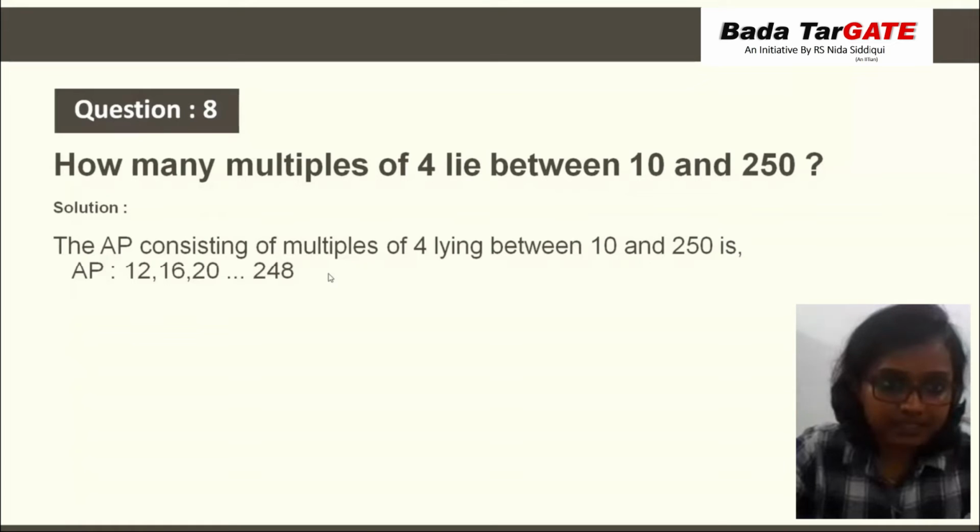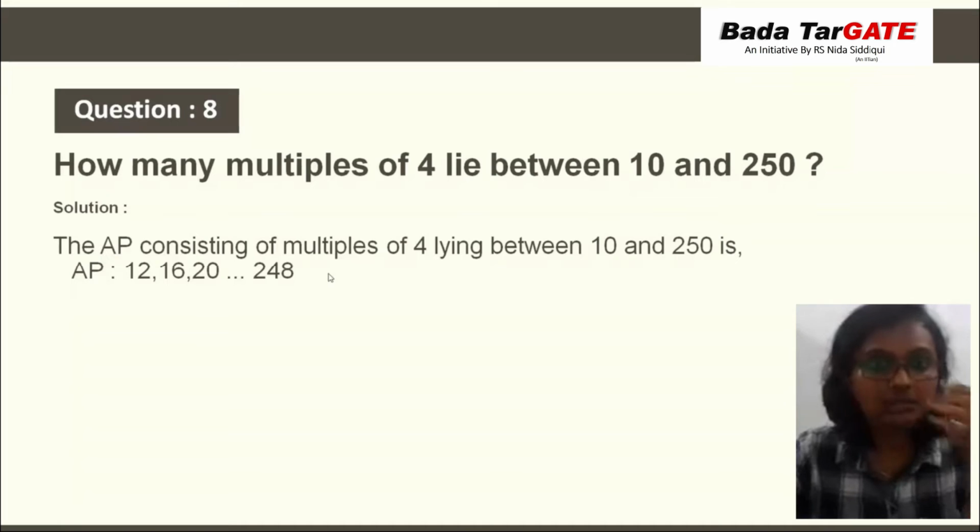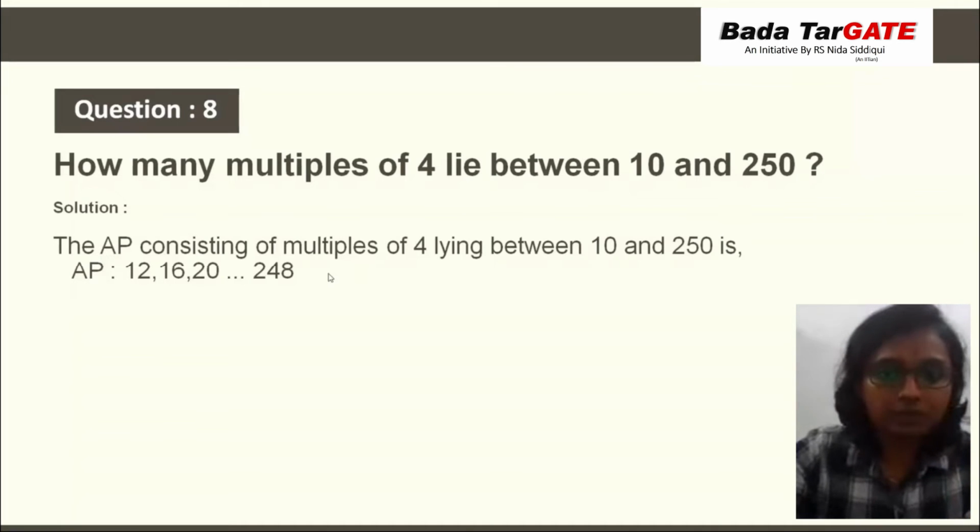Coming to question number 8. How many multiples of 4 lie between 10 and 250? To find out, we need to identify the AP consisting of the multiples of 4 lying between 10 and 250. So the first term will be 12 and the last term will be 248. So the AP will be 12, 16, 20 up to 248.